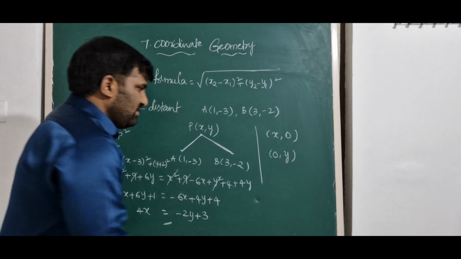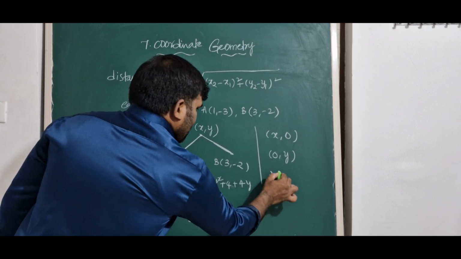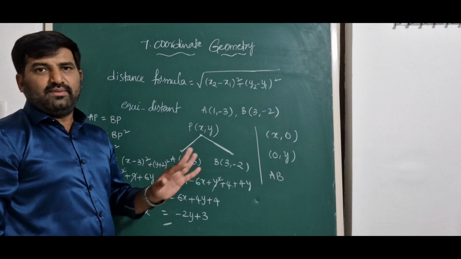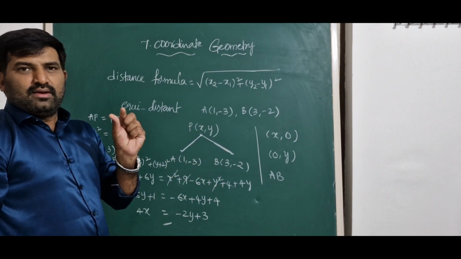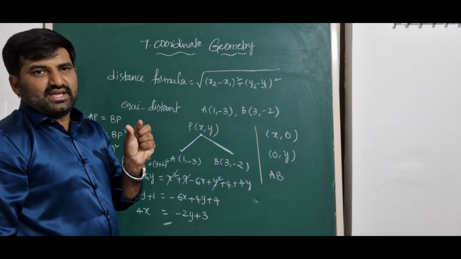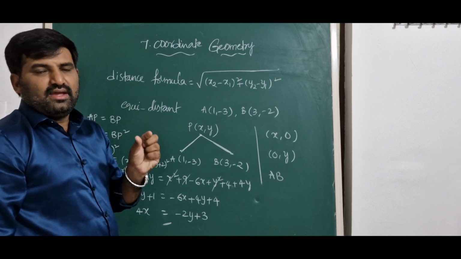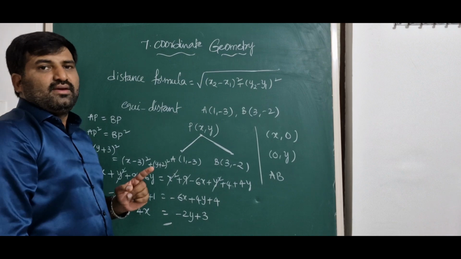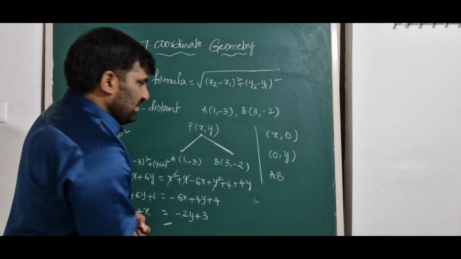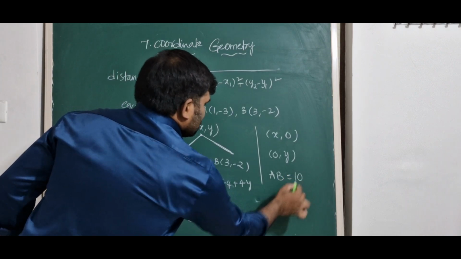And one more last question. They will give you AB, point B will be given. Out of point A and point B, one out of 4 coordinates, the x and y coordinates of A and the x and y coordinates of B, will be given in terms of a variable. In such a case, they will give you the total distance.